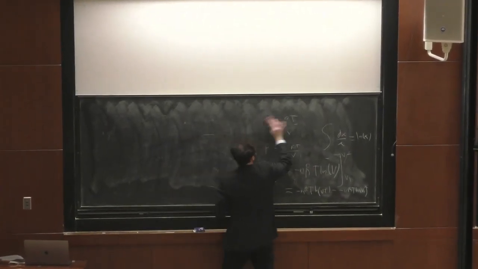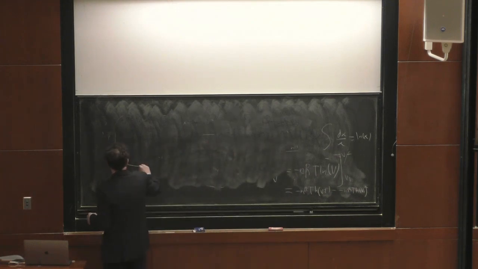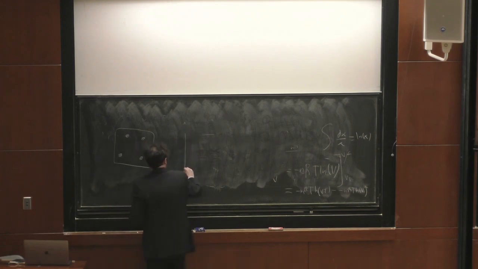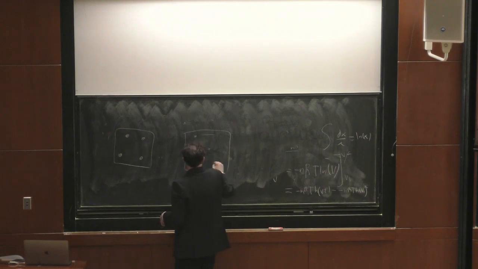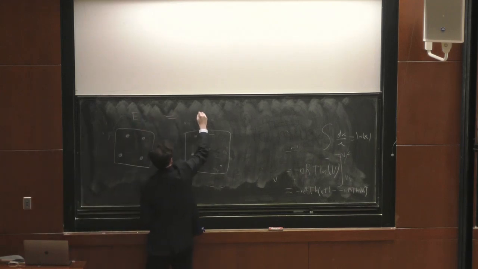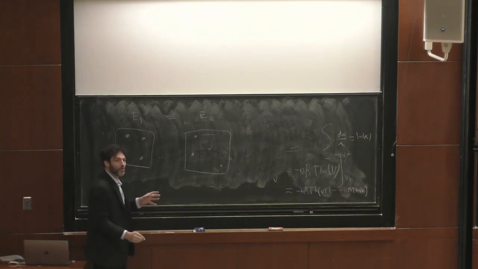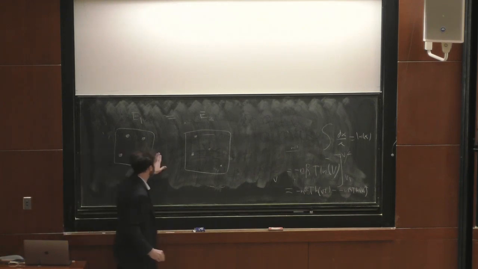So if I have gas molecules in some container, and they have some entropy associated with them, let's say I have 4 particles. And I say that the energies of these two systems are the same, but the total energy of this one is equal to this one. So we'll call it E1 and E2. But the entropy is not the same.